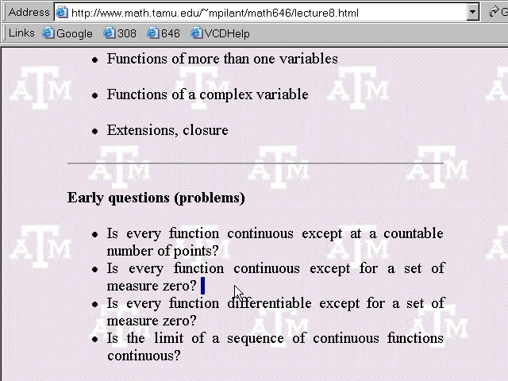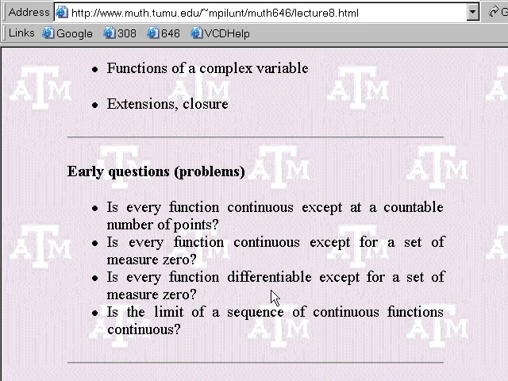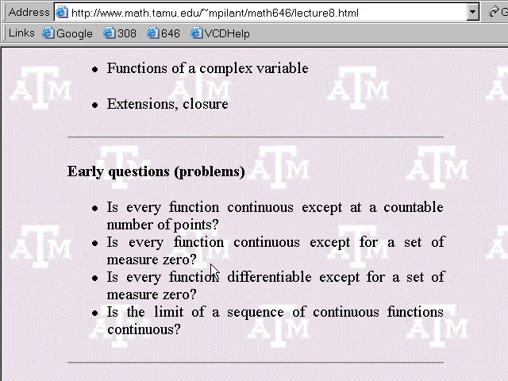And the idea of differentiability led to extensions of differentiability, such as Gateaux derivatives, Fréchet derivatives, other kinds of derivatives, particularly in multiple dimensions, or even infinite dimensions. And the idea of limits of sequences of functions led to whole realms of analysis.